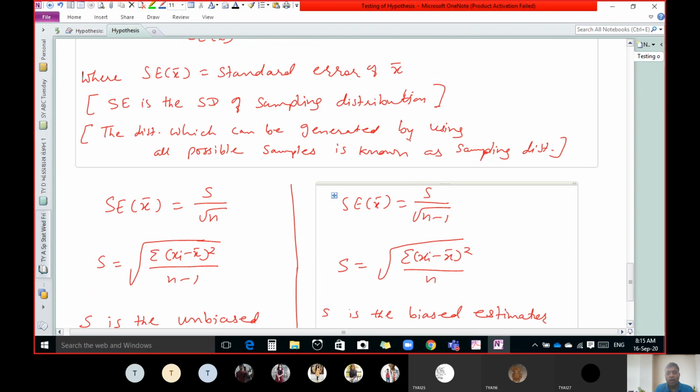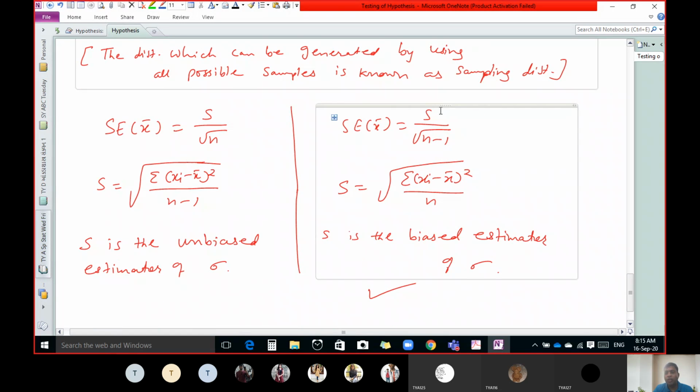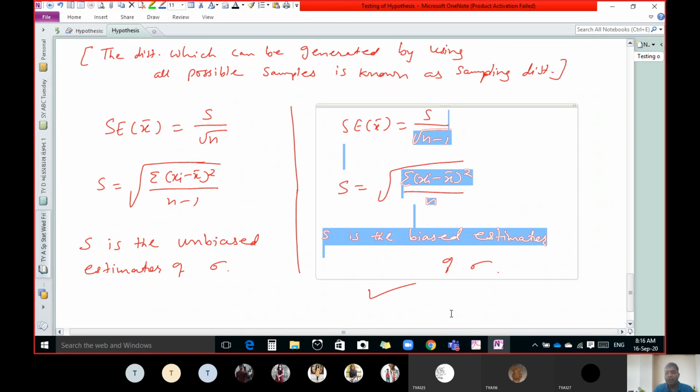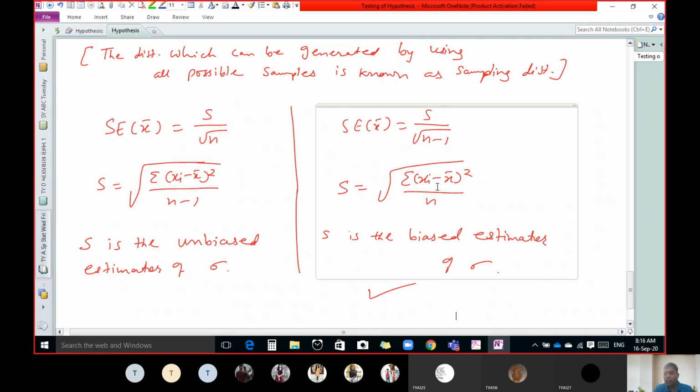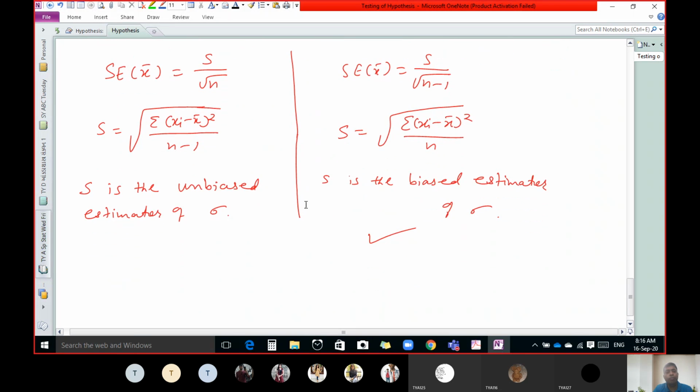So for the standard error of x bar, from now onwards we are going to use this formula where our S is the biased estimator. The reason is, if we use this formula, our calculation becomes simpler compared to this formula, because simplification is easy here.